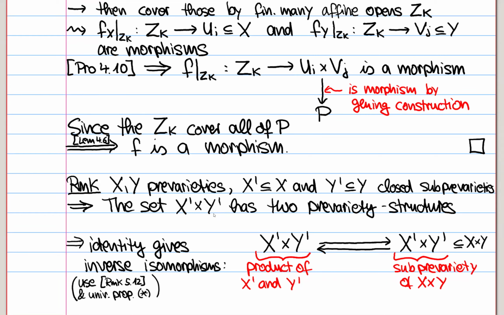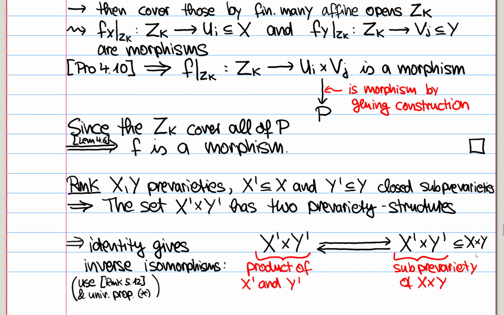The first is that X' and Y' are closed sub-pre-varieties, so they are pre-varieties in their own right. And so their product, using the construction above, is one structure of a pre-variety. The other thing is that X cross Y, the ambient space, has a pre-variety structure, and this is a closed subset here.